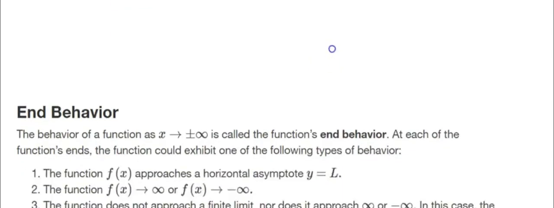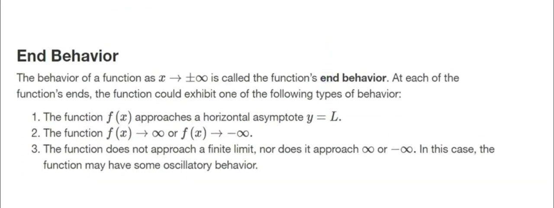So I have that information out here for us, the end behavior of a graph. Now, we are looking at the ends of our graph, and therefore we are allowing our x to approach either negative infinity or positive infinity to see, as we get further and further to the right or to the left, what is happening to the ends of the graph.